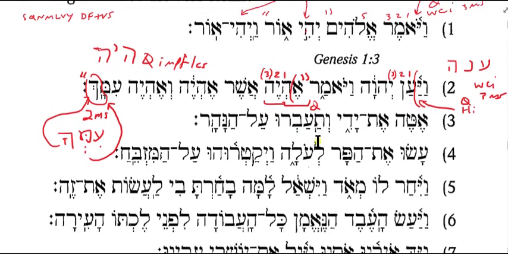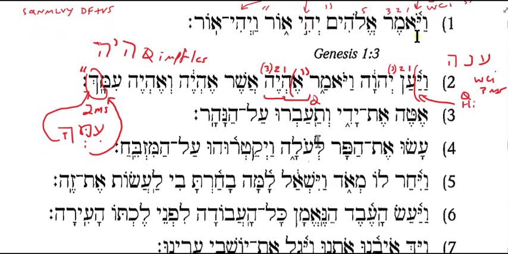Now, number 3, we have, I'll read this out loud, Ete et yadi vata'avru al hanahar. So this is from Natah, Nun tav hey. It's a 3 hey verb, Natah. And I see the prefix aleph here.